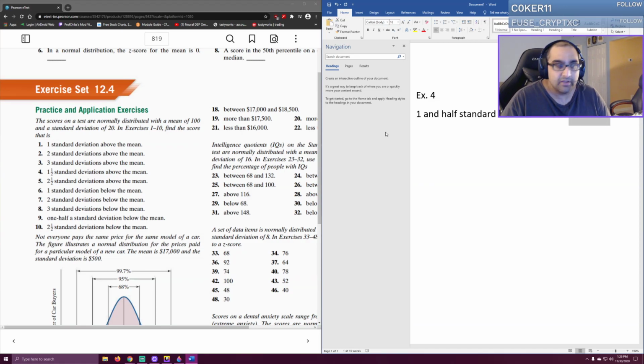So the key words here are above the mean.